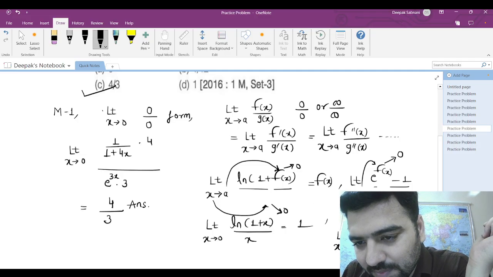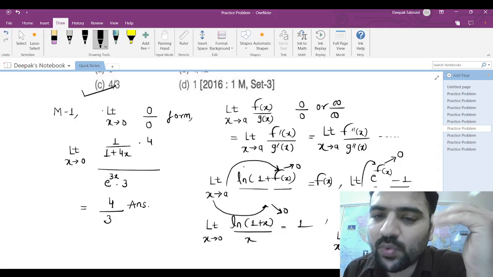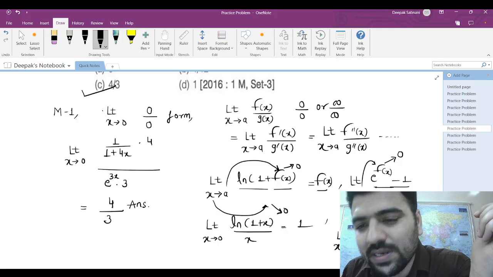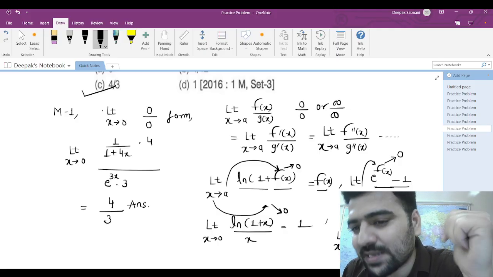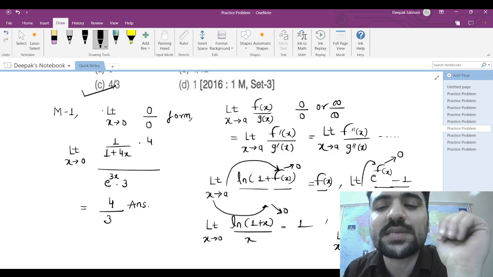So whenever you see ln of 1 plus f(x), when x tends to a and f(x) tends to 0, you take it out. Same with e to the power f(x) minus 1: when f(x) tends to 0 and x tends to a, you take this f(x) out. That's how I remember, so that I can get the answer in a single step.